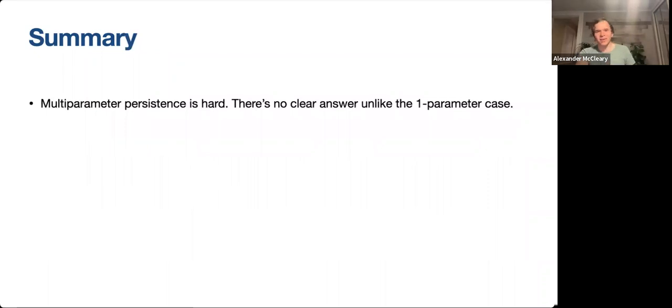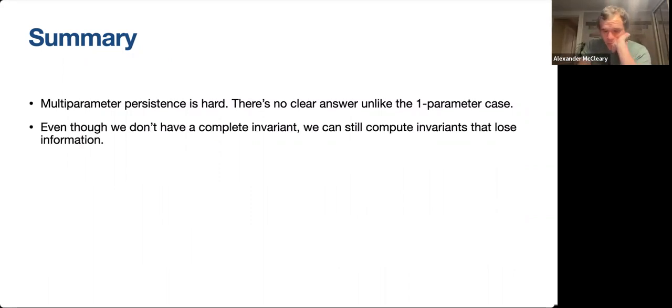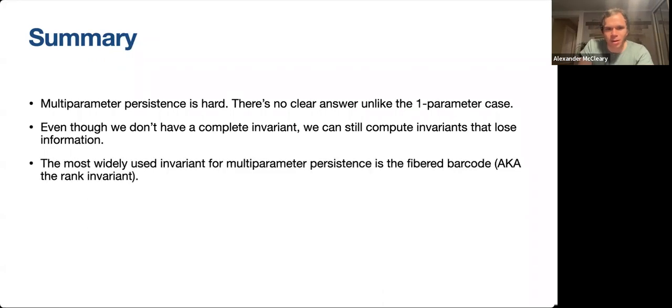Yeah, so to summarize, multi-parameter persistence is a pretty hard problem. There's no clear-cut answer, like the one parameter case. But even though we don't have a great complete discrete invariant, we can still compute invariants that lose information. The most widely used invariant is the fibered barcode, also known as the rank invariant.